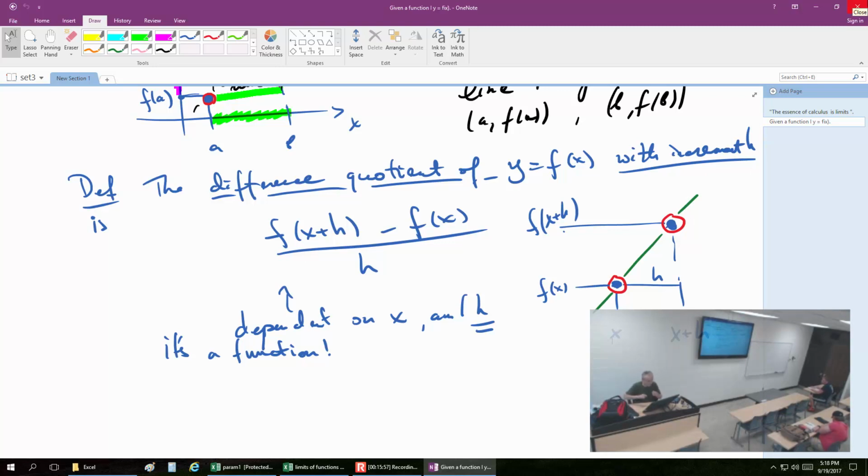The difference quotient. Function is given.